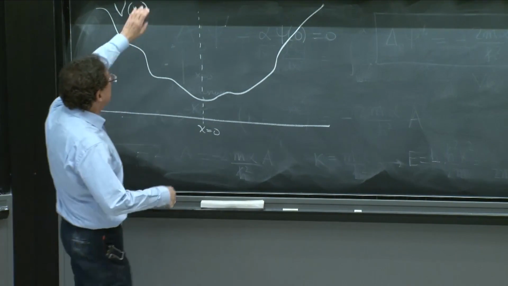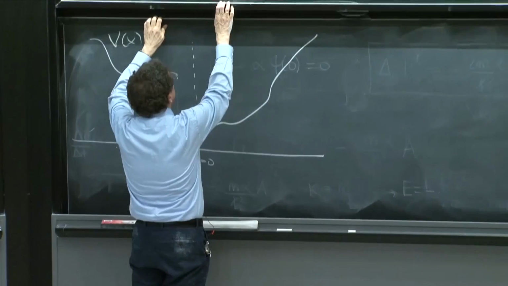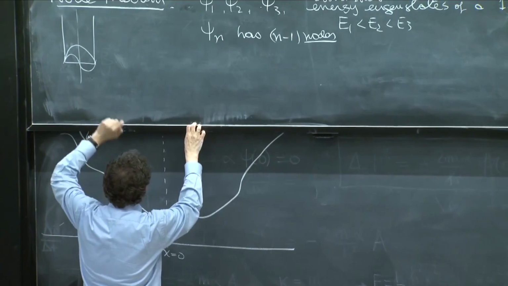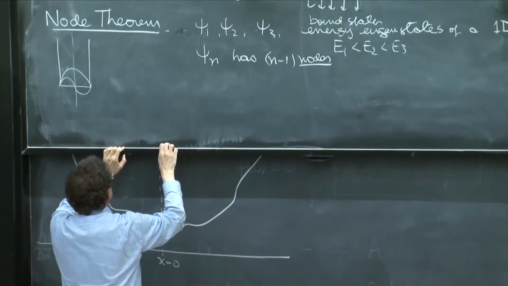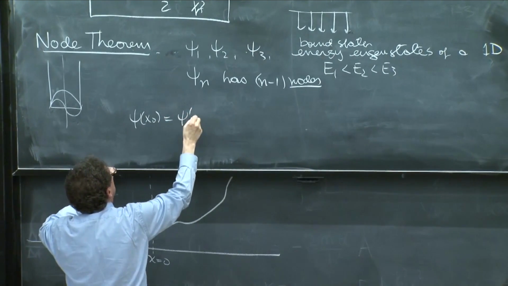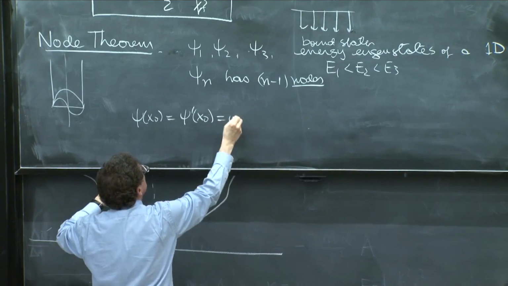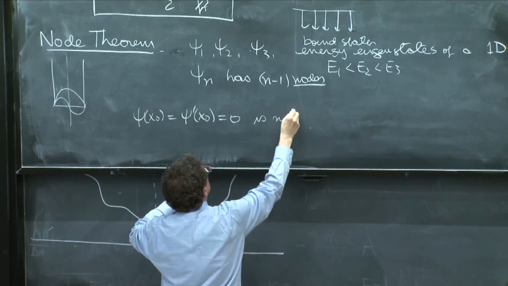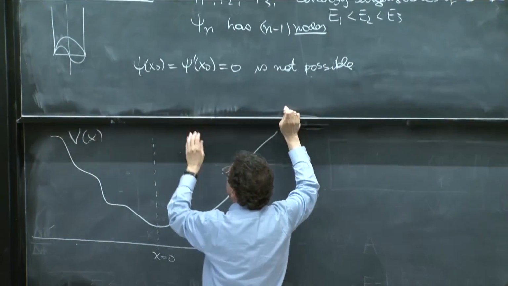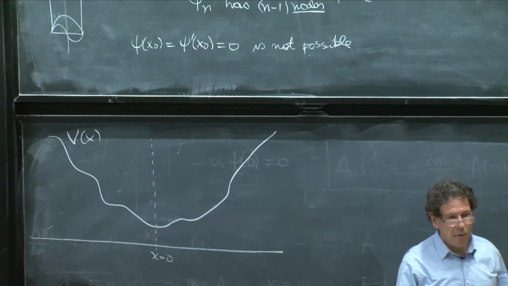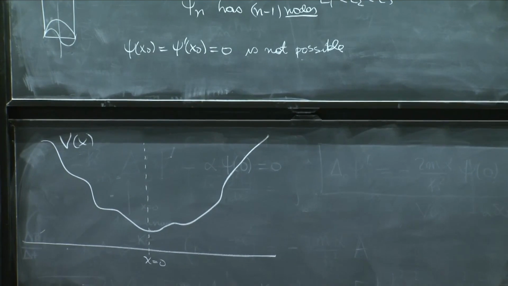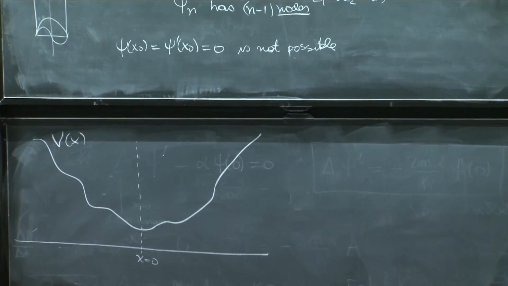Oh, I want to say one more thing. Let me remind you of another fact that I'm going to use. So this is the first thing, that the square well realizes this theorem. And the second is that psi at x naught being equal to psi prime at x naught being equal to 0 is not possible. The wave function and its derivative cannot vanish at the same point. Please see the notes about this. There's an explanation in last lecture's notes.